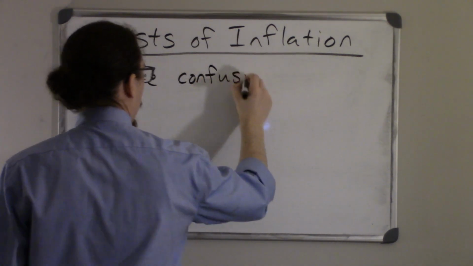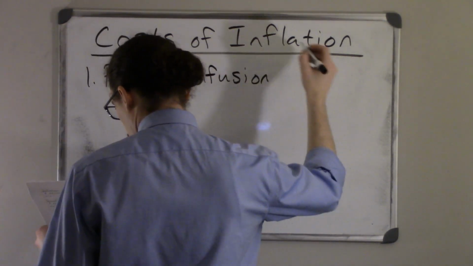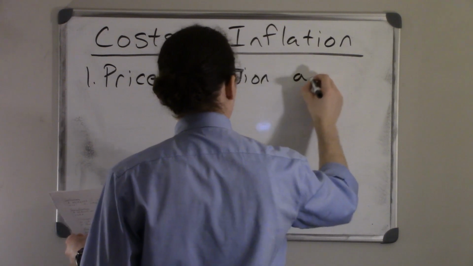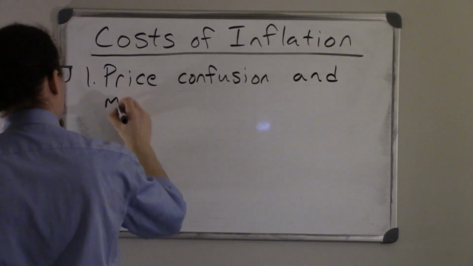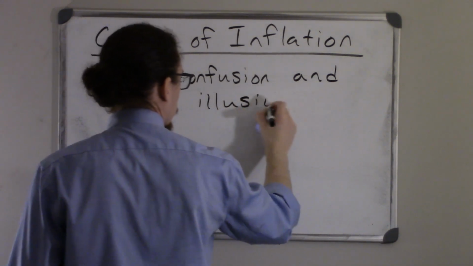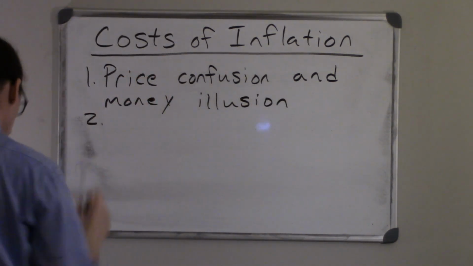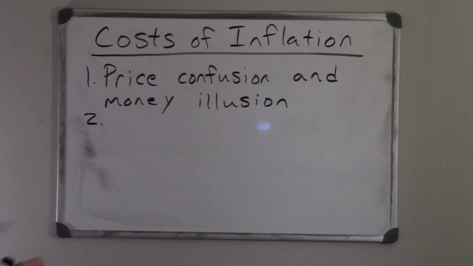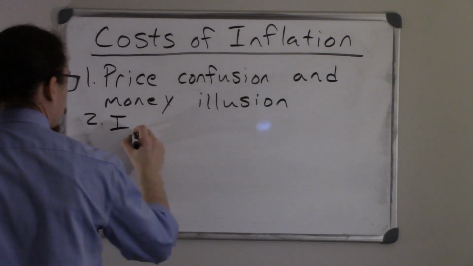one by one. All right, so the first cost of inflation is price confusion and money illusion. The second is that inflation redistributes wealth.